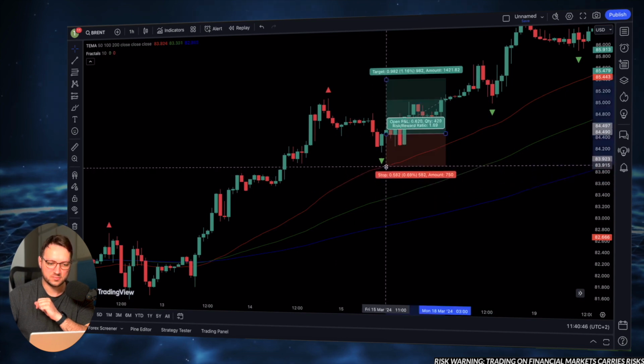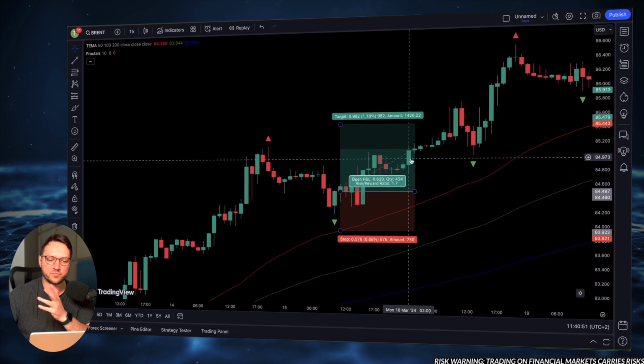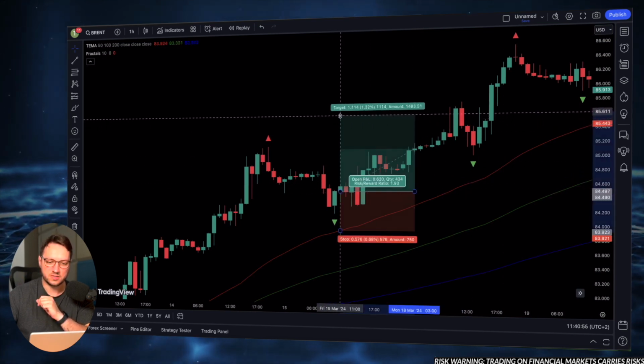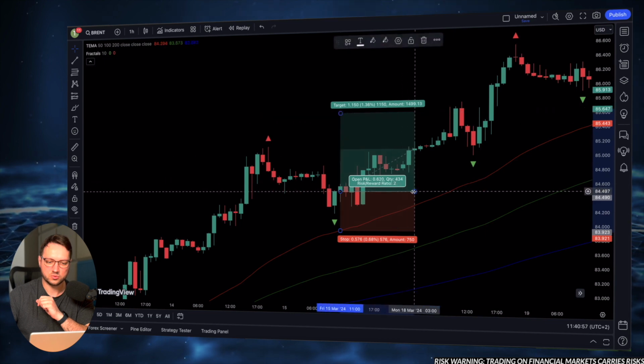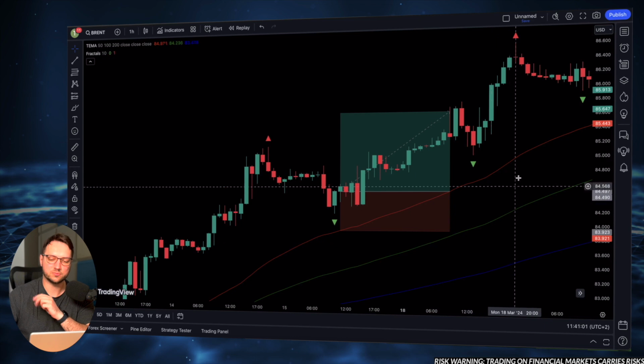So let's set it over here. As for the take profit level, the risk reward ratio should be 1 to 2. So set it 1 to 2, and boom, this trade would be also profitable.